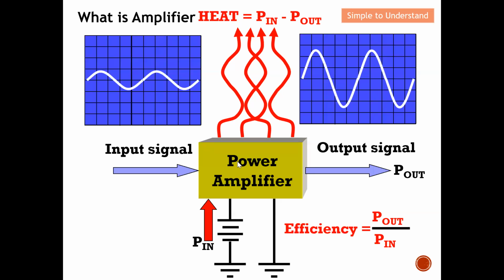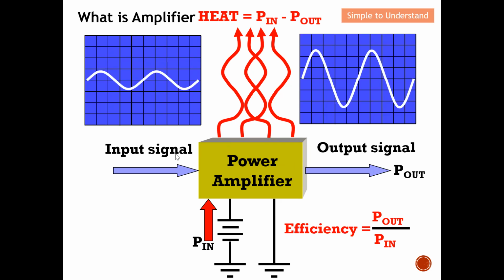What we learned in our secondary school days is that when a power or energy source is converted to another form, we have some loss. For example, we can have energy conversion loss to heat, to sound, etc. But for an amplifier, it is typically dominated by heat.